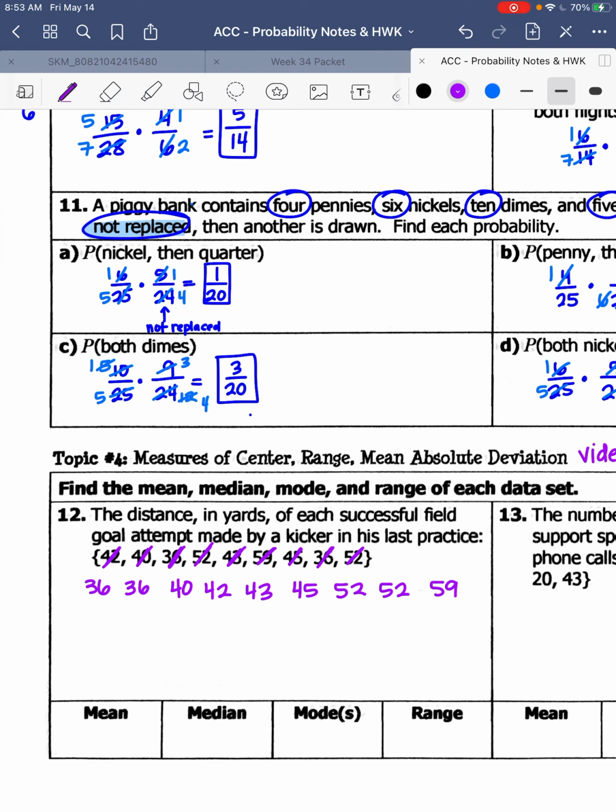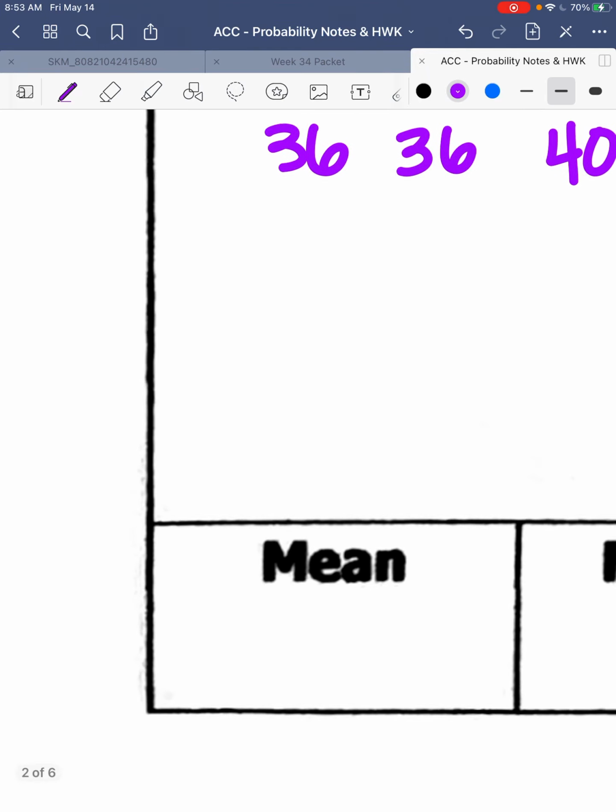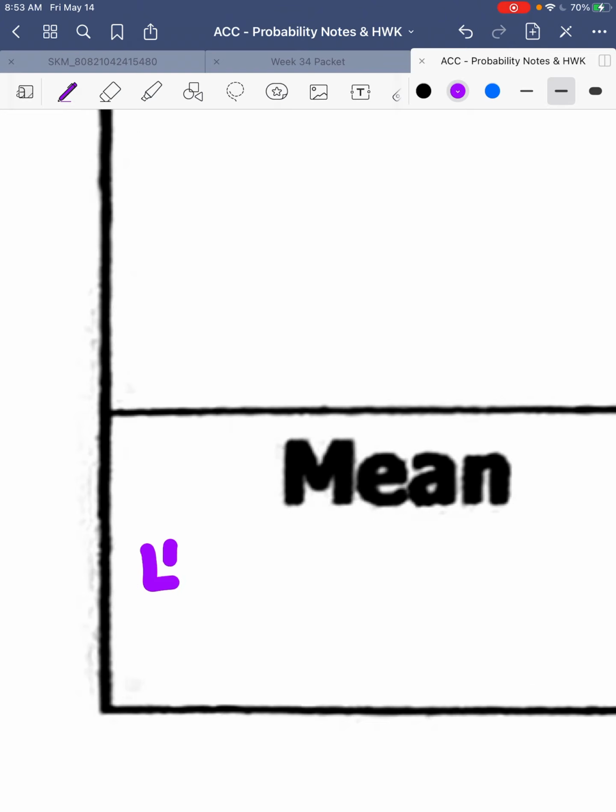In order to find my mean, that's the average of all my numbers, I'm going to add all of these numbers together. So in my calculator, 36 plus 36 plus 40 plus 42 plus 43 plus 45 plus 52 plus 52 plus 59. And when I put that into my calculator, I end up with 405.